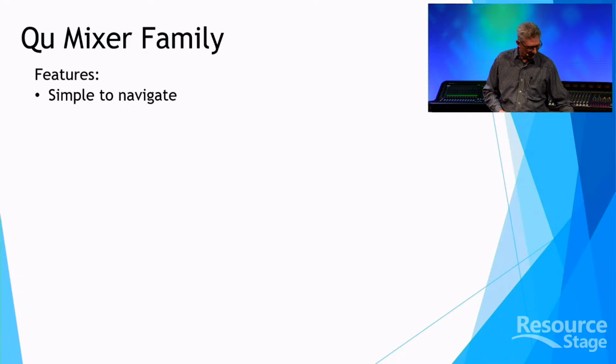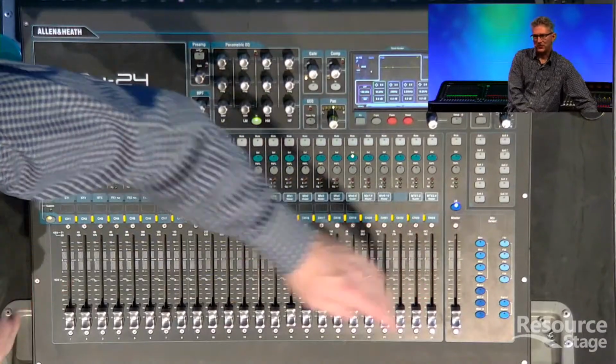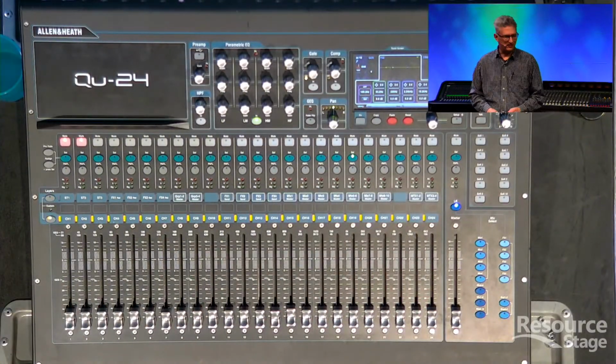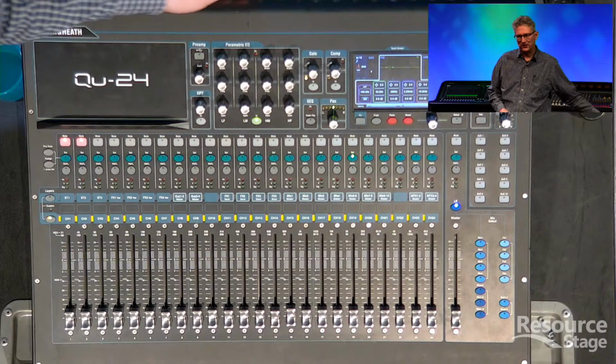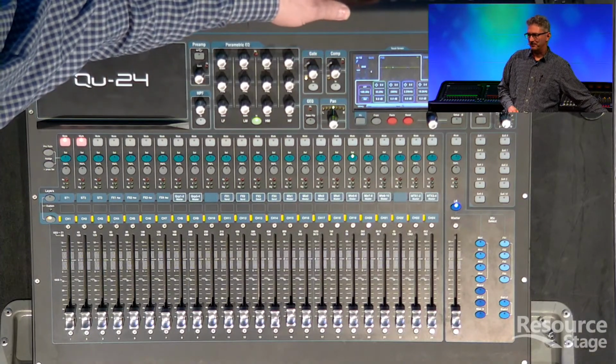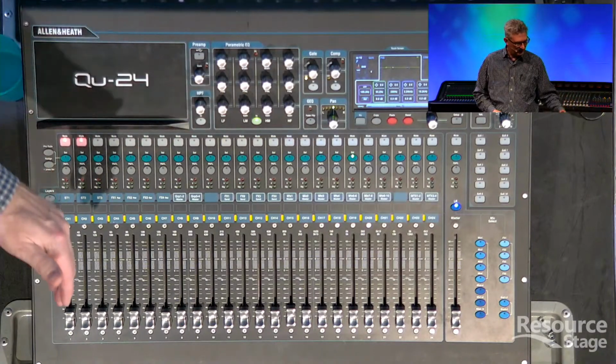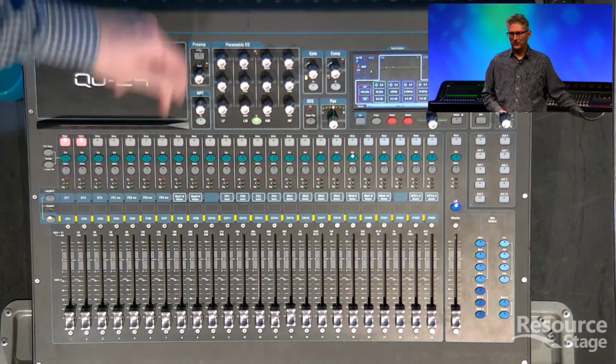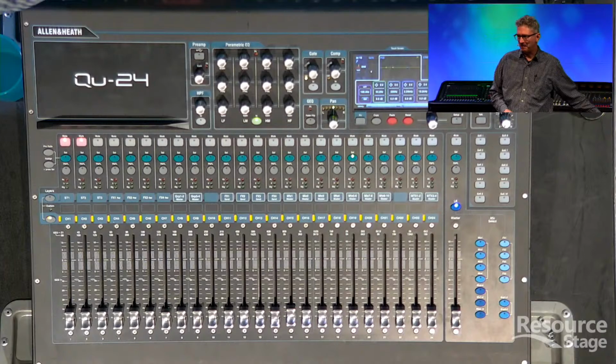On this particular mixer, the QU24, we've got 24 faders that control the mic line inputs. On the back of the mixer, there are 24 XLR connectors, and each fader controls that socket.